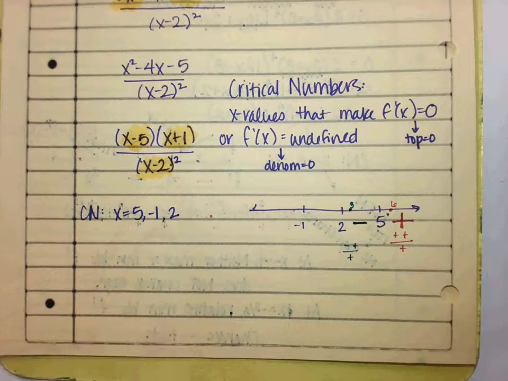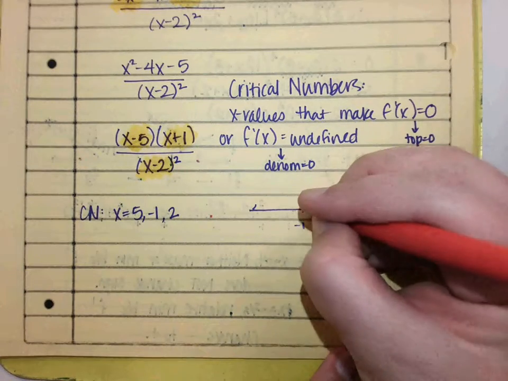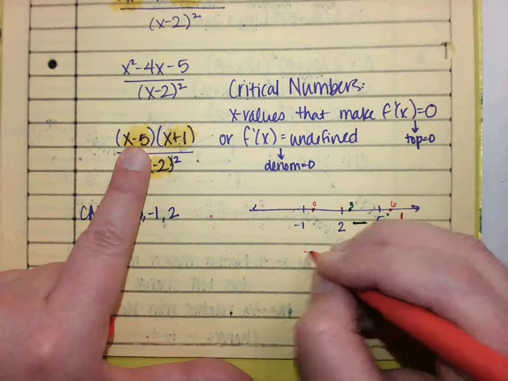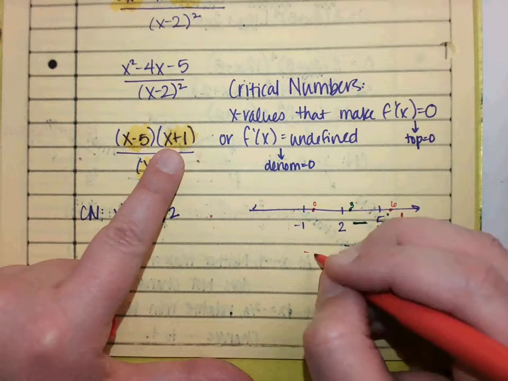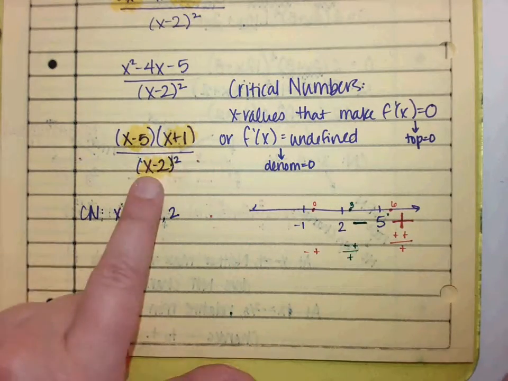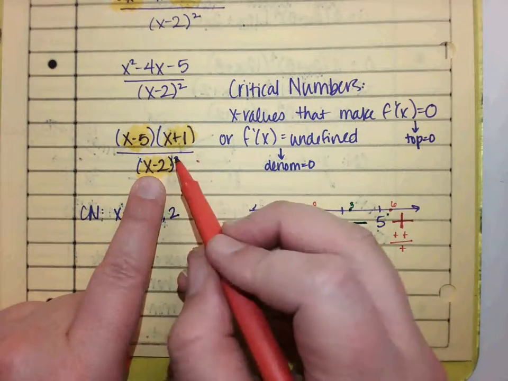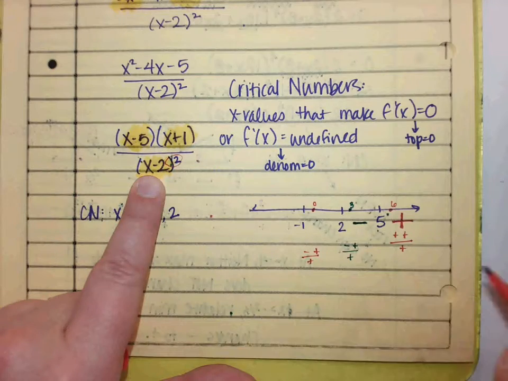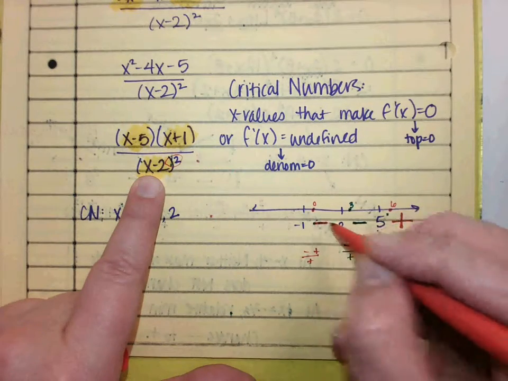Other side of 2, let's say I wanted to pick maybe 0. Okay, 0 would be about right here. 0 minus 5 is negative. 0 plus 1 is positive. 0 minus 2 is negative, but then I have to square it, so that bottom is going to be positive. Negative, positive, positive overall is negative.